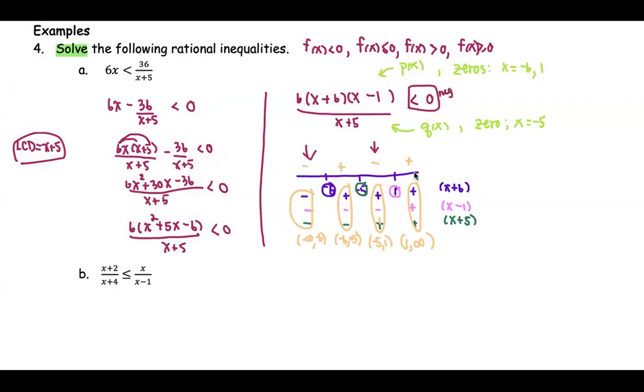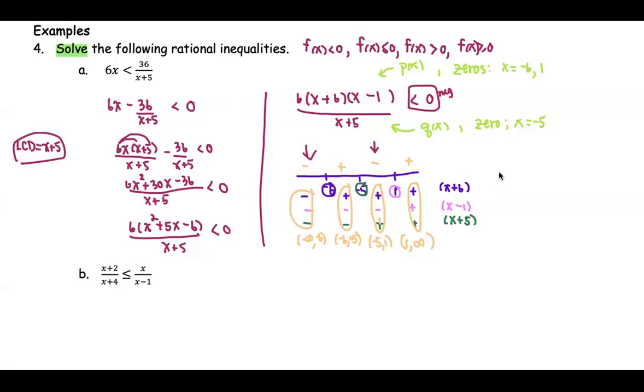This is the negative sign, so this is the one that's strictly less than. So we do not include those numbers. And also, whatever is in the denominator, we cannot include, because it's not in the domain.